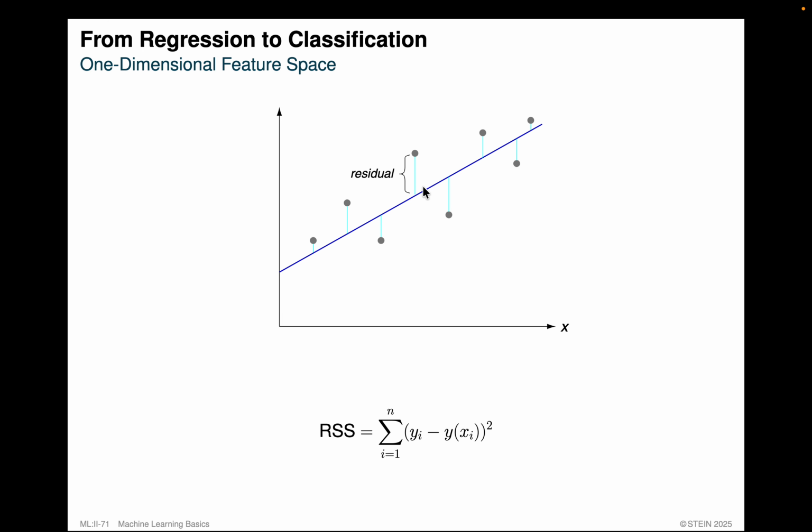However, if we want to use such a linear model, this is the best that we can do. This is the minimal error because it minimizes the distance of all of these points from the line, or rather the square of that distance.